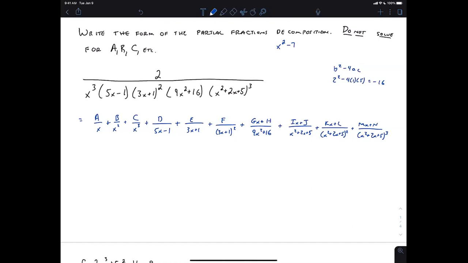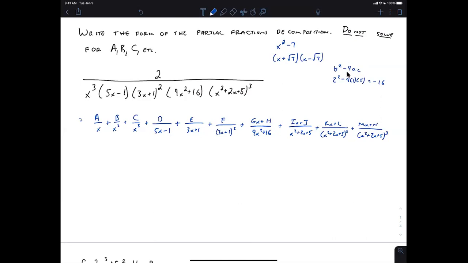In algebra, you would have said that's prime. But in calculus, we would factor that to x plus square root of 7, x minus square root of 7. So we allow for any real number when we're doing factoring for partial fractions. We probably don't want to do a problem with the x plus square root of 7, x minus square root of 7, but we could.